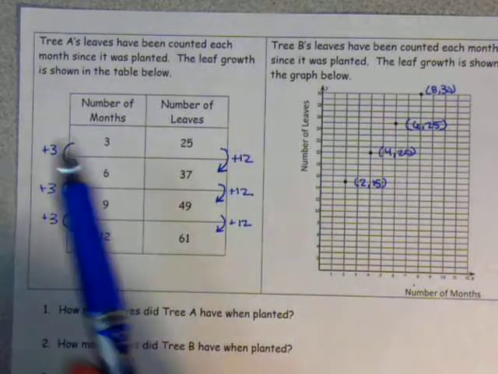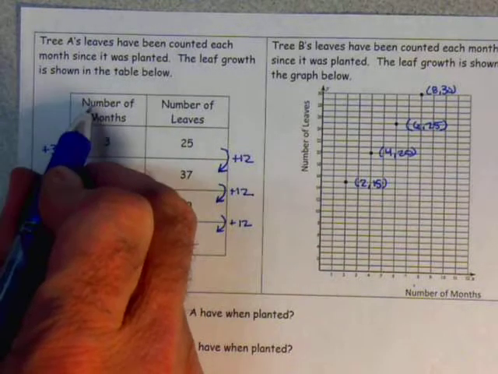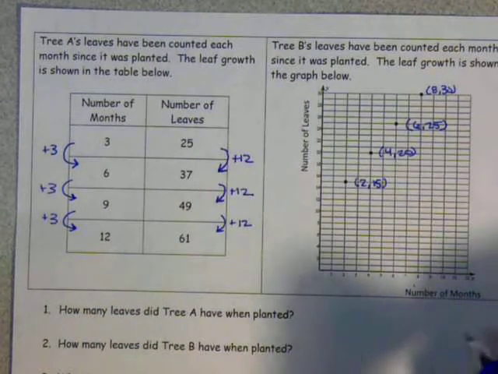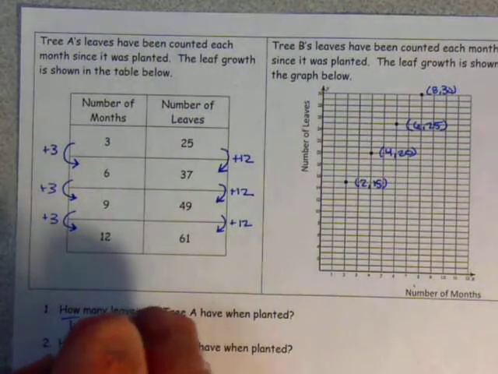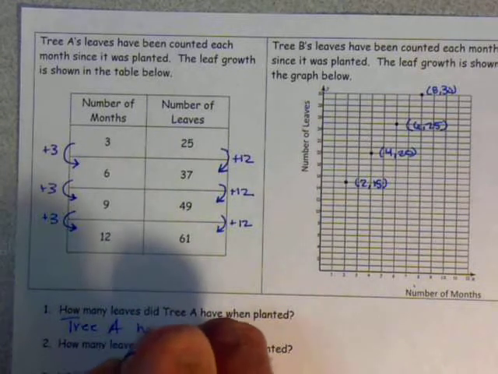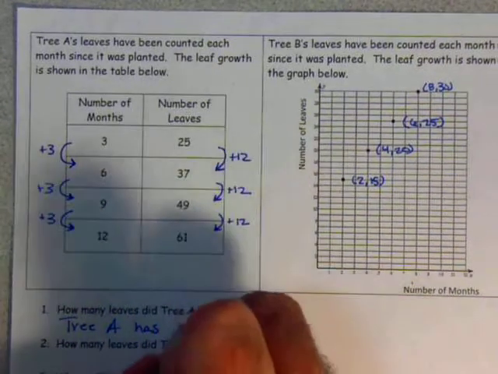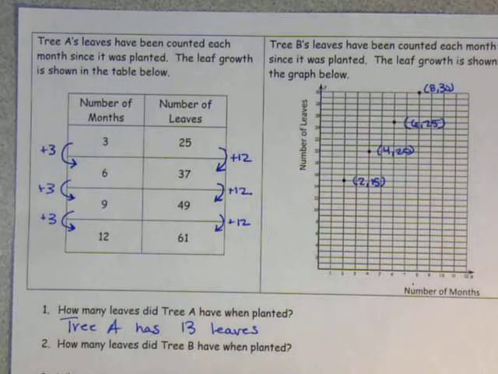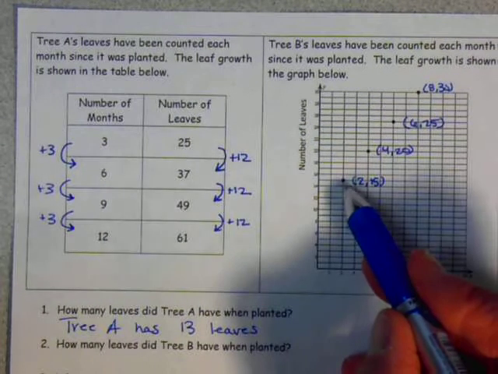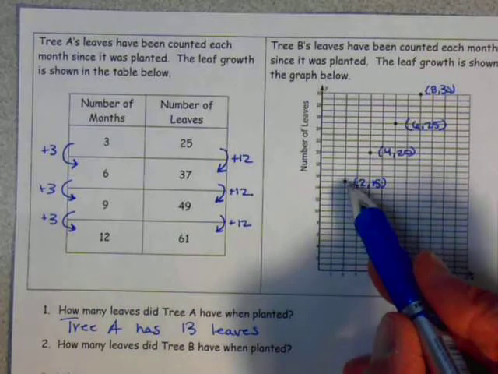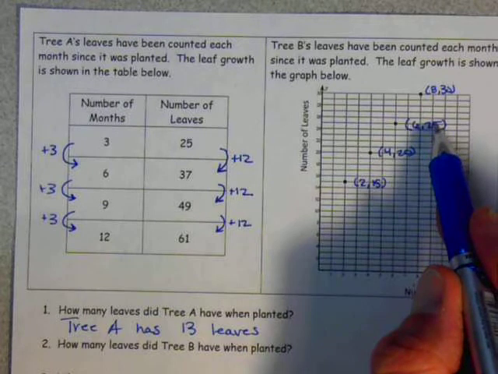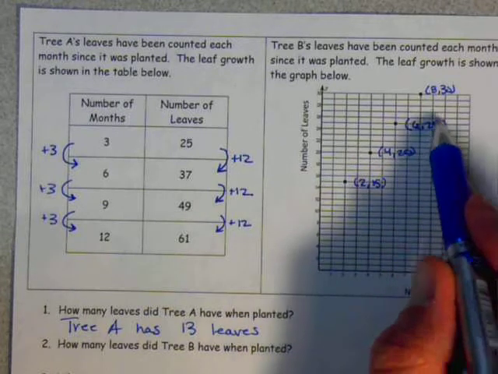Well, let's take a look at then going back to month 0. So at month 0, we would go backward 3 months, so that would take us back 12 leaves, and that would be 13. So tree A has 13 leaves when planted. Now if we go backward on tree B, these are increasing by 5 every time. 15, 20, 25, 30.